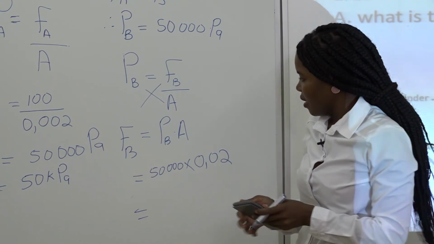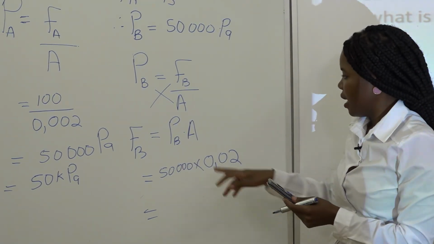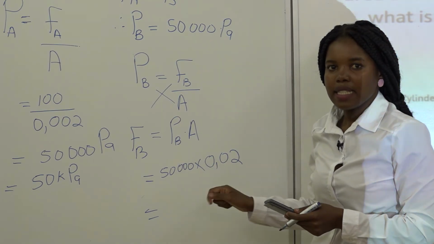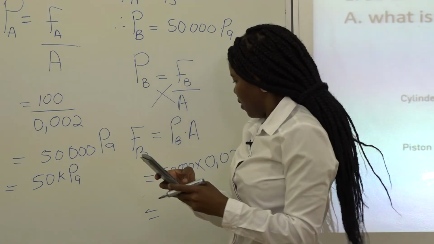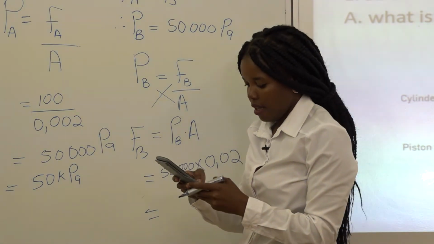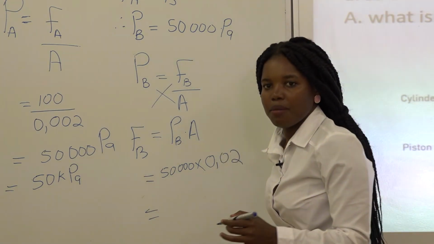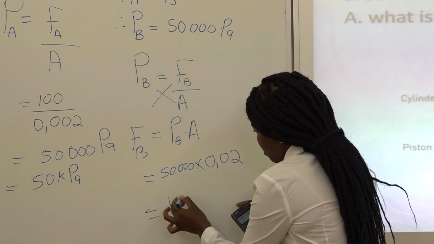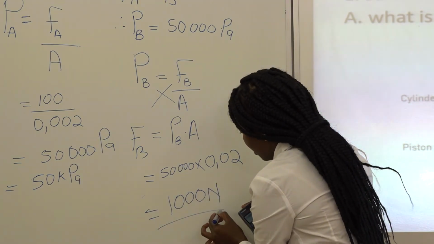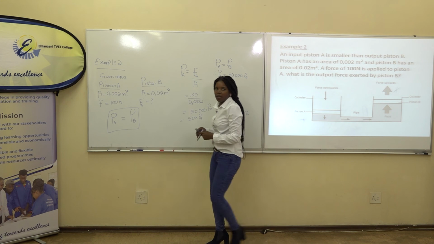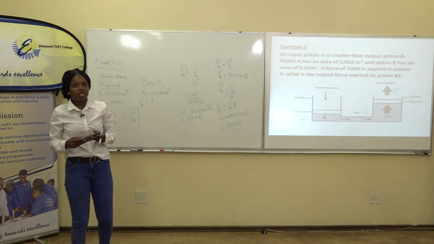Since we're calculating the force and we're given the pressure at piston B, we say pressure at piston B times the area at piston B: 50,000 times 0.02, which is 1,000 newtons. So this is how you're supposed to do our calculation.